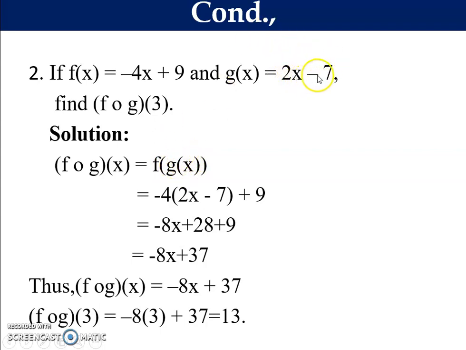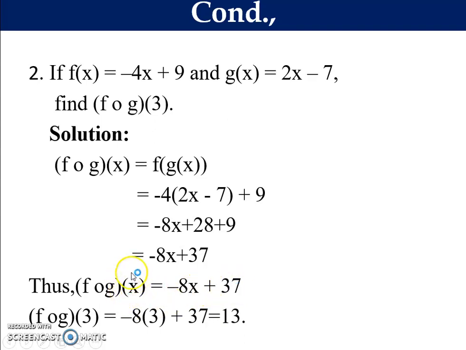It is 2x - 7. When we substitute, we get -4(2x - 7) + 9. When we multiply, we get -8x + 28 + 9, and on simplification we get -8x + 37. So (f composite g)(x) is -8x + 37.